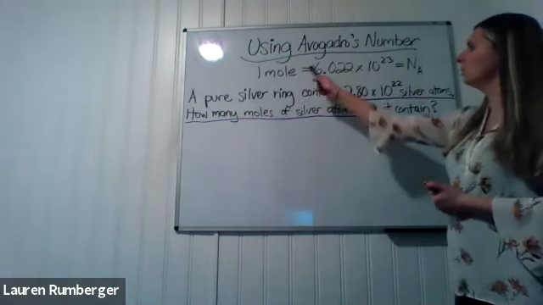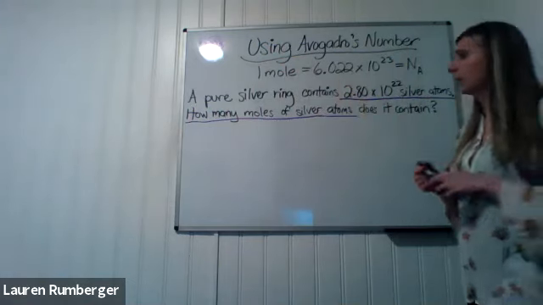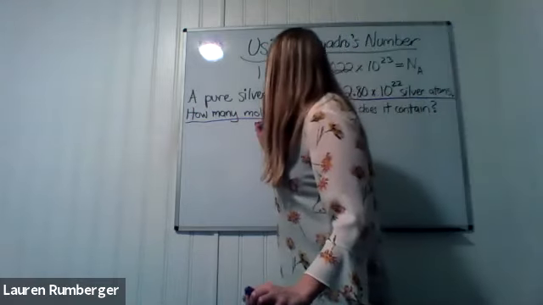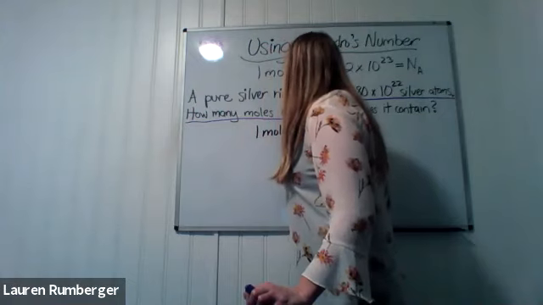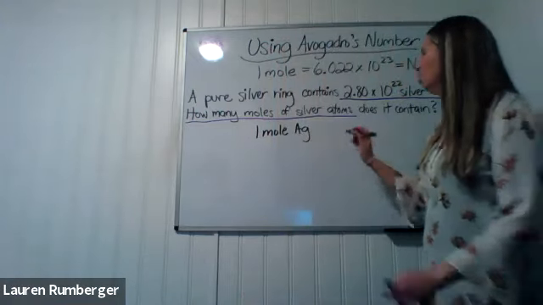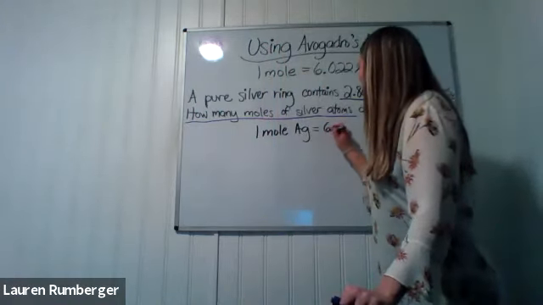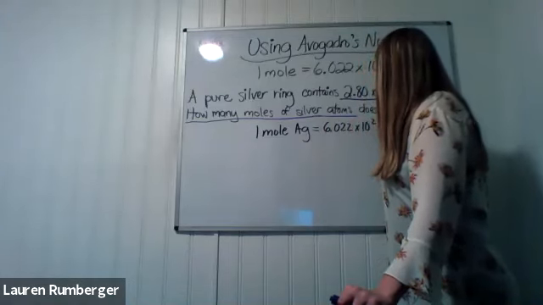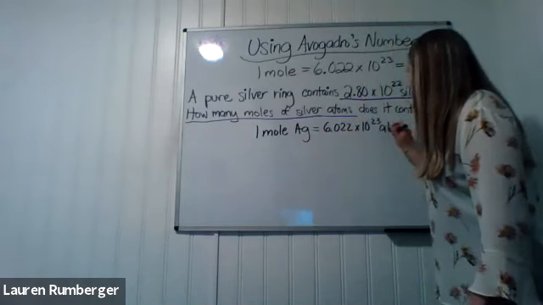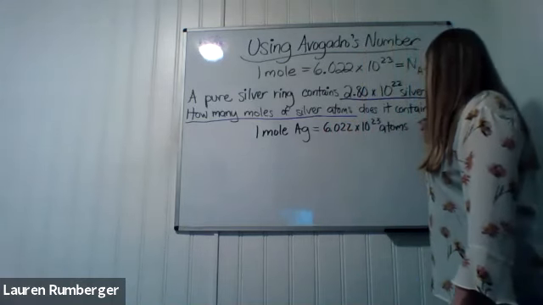So we're going to use Avogadro's number because Avogadro's number states that 1 mole of silver, remember silver is Ag, is equal to 6.022 times 10 to the 23rd atoms of silver.